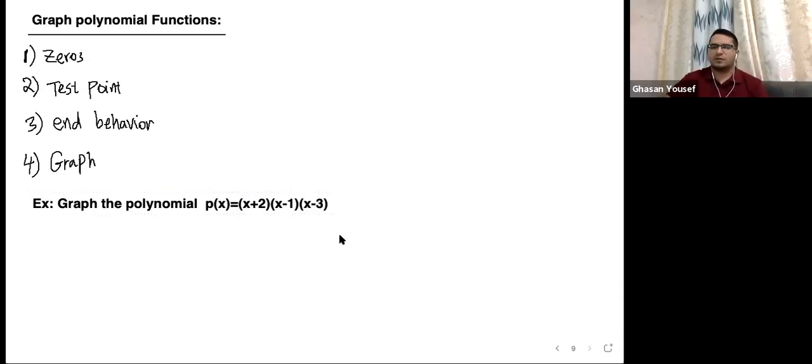This is actually a polynomial function. Why? Because if I multiply these parentheses, the result will give me a polynomial of degree 3. The highest one is degree 3.